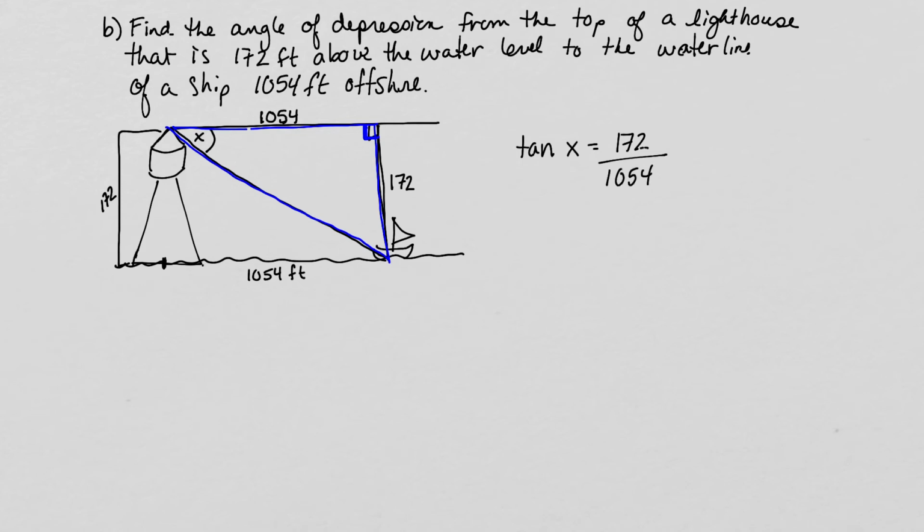And again, this is one where we're going to have to use the inverse tangent to figure out what x is. So x is going to be equal to the inverse tangent of 172 divided by 1054. And if you plug that in, you get approximately 9.3 degrees.